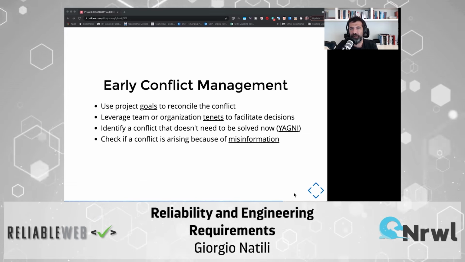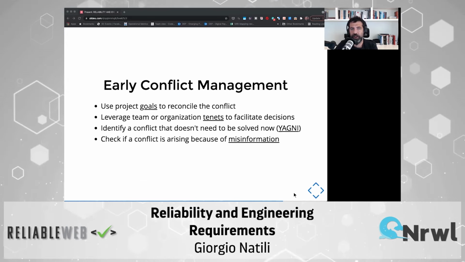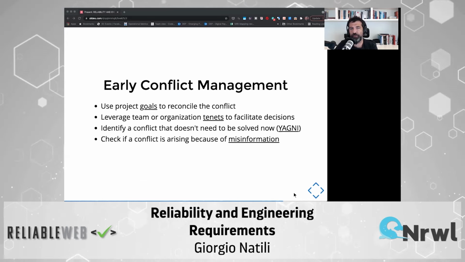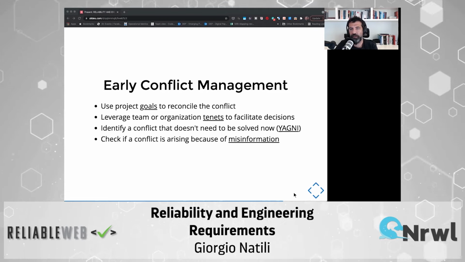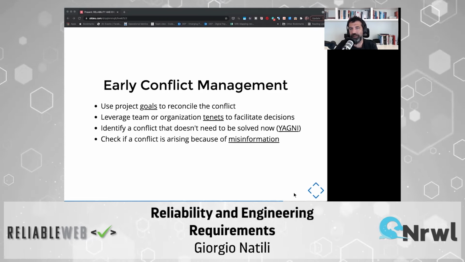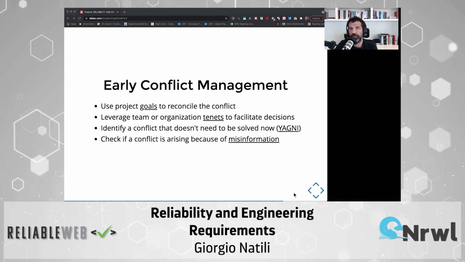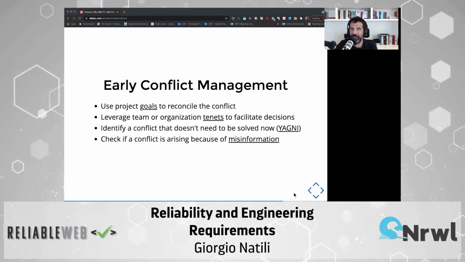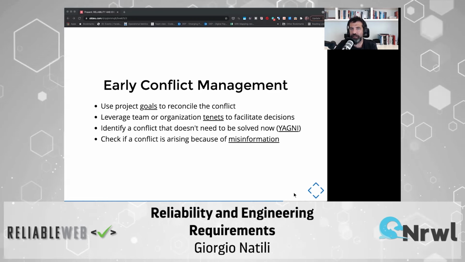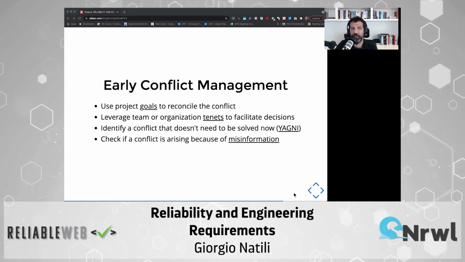There are several techniques to manage conflicts. An early conflict management technique is to use project goals to disambiguate. So if the project goal is to be real time, well, there is no point in having asynchronous calls. Or it can be assessed with different data points and understand what are the thresholds that you should apply.